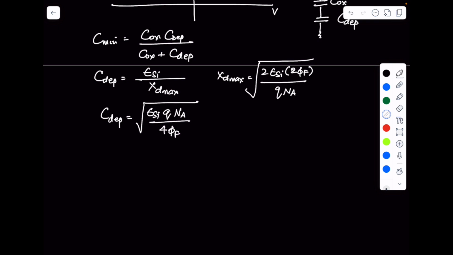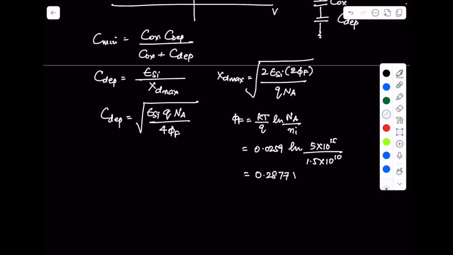Now I need to find phi f. My phi f is nothing but the distance of the Fermi level from the intrinsic level. So it's given by phi f as kT upon Q ln Na by Ni, which in our case is going to be 0.0259 ln of Na, which is 5 into 10 power 15, by 1.5 into 10 power 10, and this is 0.2877 volts.